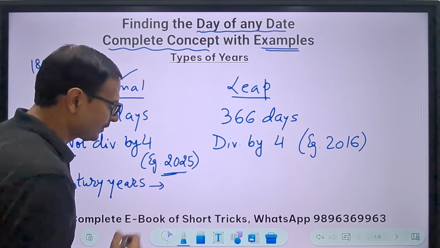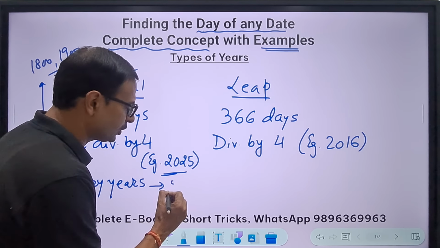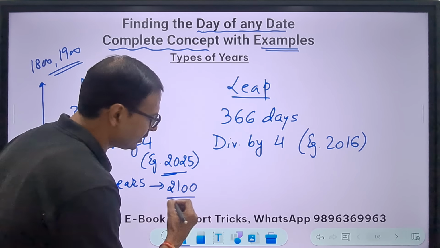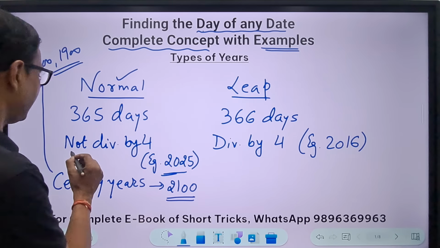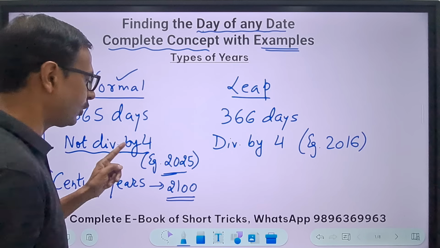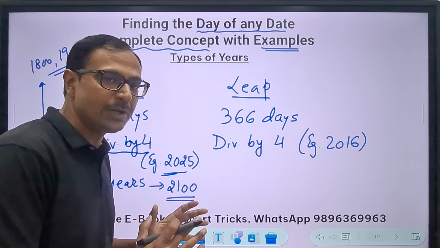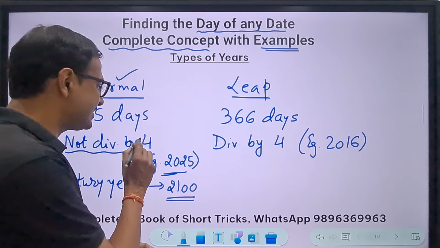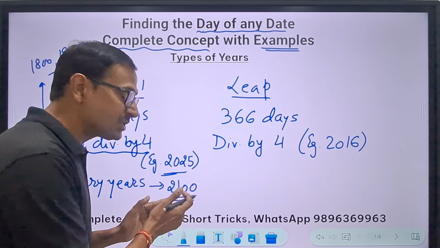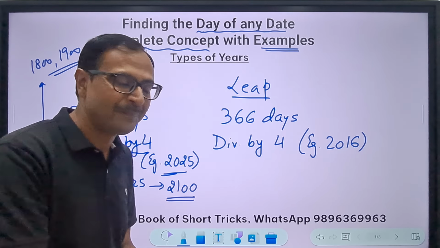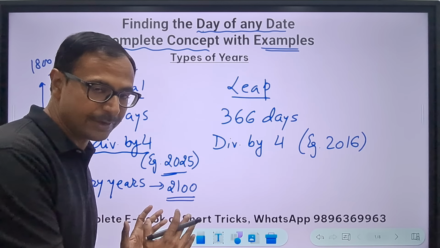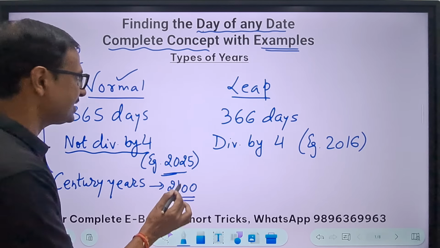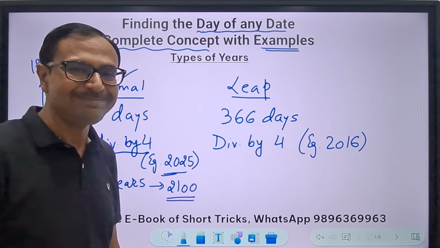Just like if I take the example of 2100, this is a century year and this century year is not divisible by 4. Here in century years you need to consider the divisor not as 4 but as 400. So 2100 is not divisible by 400 and therefore this is a normal year.